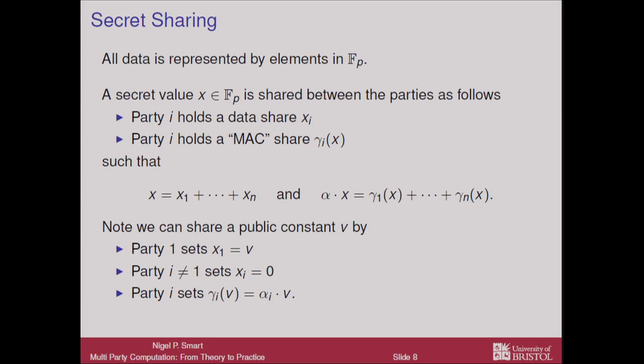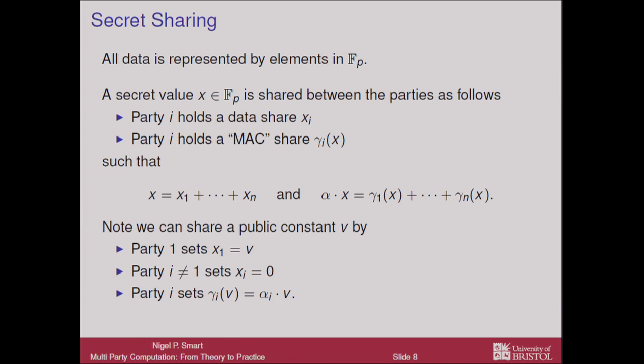We also hold, each party holds a share of a MAC, a message authentication code, on that value x. The MAC is just alpha, the secret from the previous slide, times x, and we share it out. So I have gamma 1, you have gamma 2, and together we have a MAC.